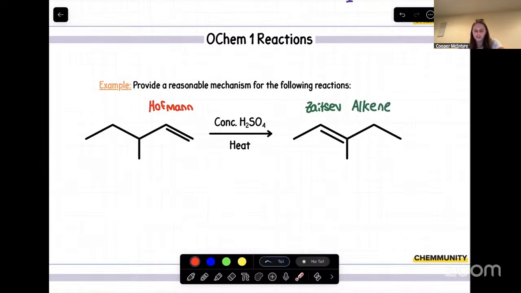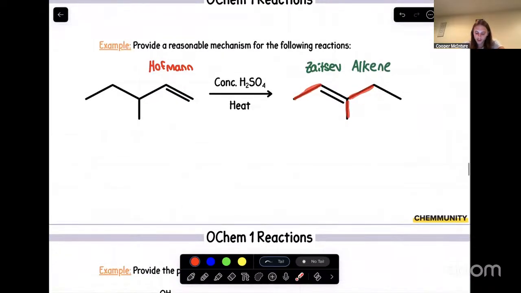And in terms of that substitution, if we're looking at this alkene right here, it currently only has one substituent coming off of it, which we can see is this bond right here. And then if we're looking at this alkene, there are technically 3 groups branching off of it. We have group 1, 2, and 3. Perfect. So to start off our mechanism, we will go ahead and include our Hofmann alkene.